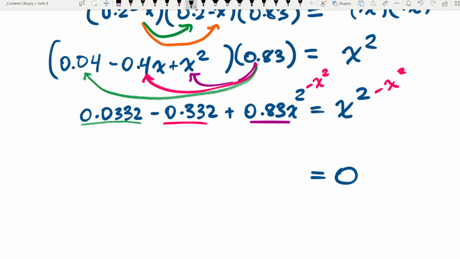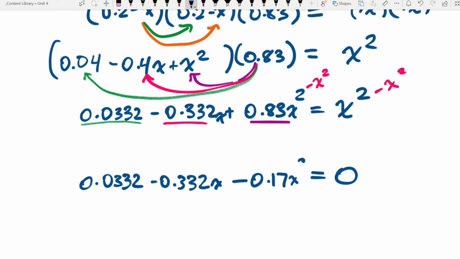So we get 0.0332 minus 0.332x. And then this will be minus, is that going to be 0.17? Will it? Okay, cool.